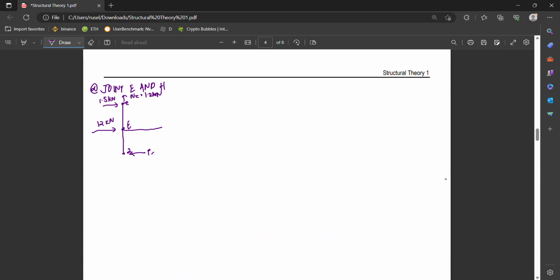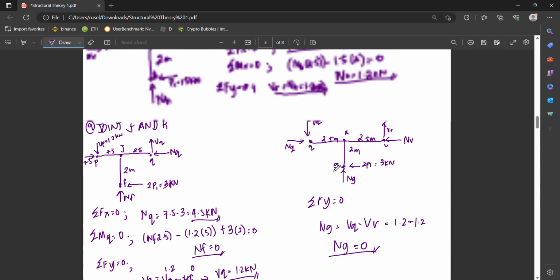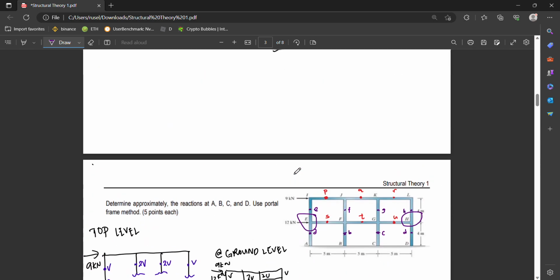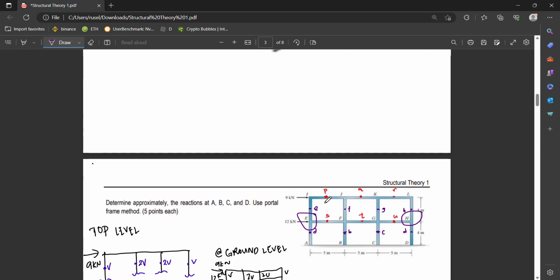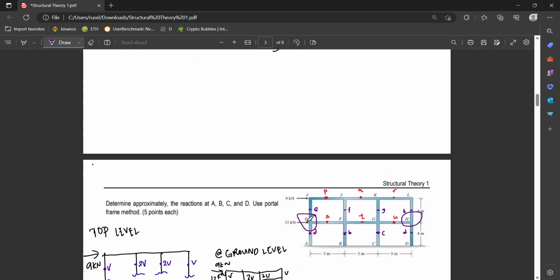So your P2 is equal to, ilan yan? Your P2 is 3.5 pa din, kilonewton. Okay, let's check first. 3.5 pa din ba? Oo, kasi dito pa rin tayo sa top level, no?